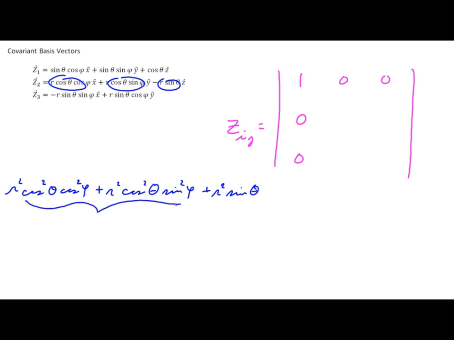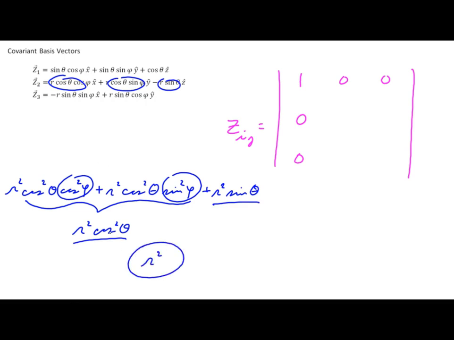Okay, these two terms together, again, because we can factor out something and leave cosine squared plus sine squared behind, we'll get r squared cosine squared theta. And we combine this term with this one, we'll find it's just equal to r squared because we factor r squared out and this plus that is 1. Therefore, z22 is equal to r squared, just like that.